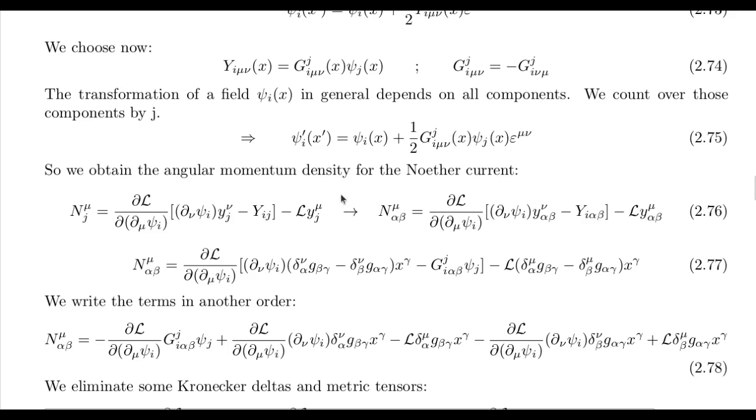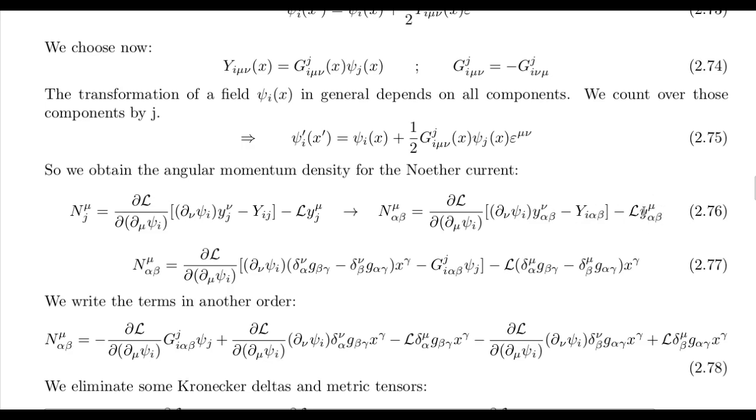So we can now obtain the Noether tensor. This is the Noether tensor in the general form, and now we have here, instead of 1, 2 indices, alpha and beta, and then we have here 3, and here y with 3 indices.